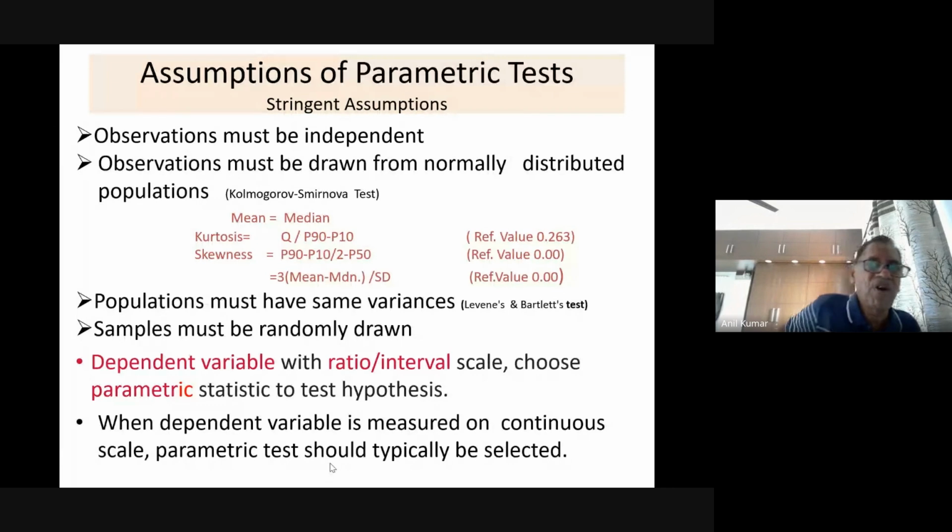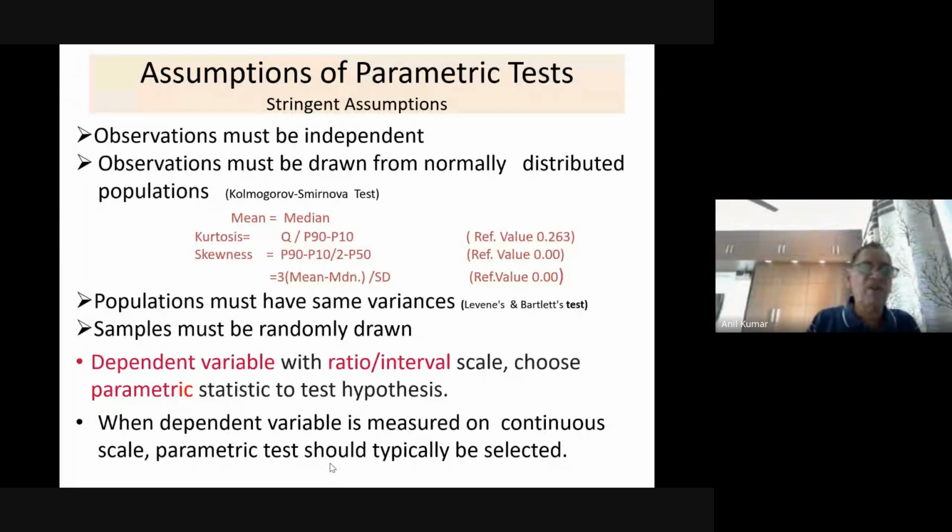If you are not taking care of those assumptions, probably whatever findings you arrive at, whatever decisions you make, may go wrong also. So assumptions are to be satisfied, conditions are to be kept in mind whenever you are using parametric inferential statistics for data analysis purposes.